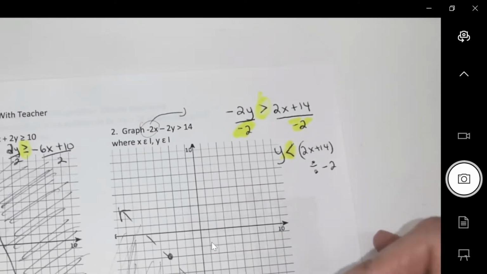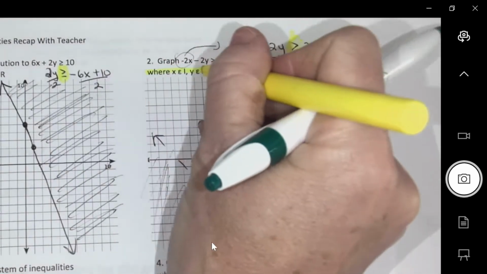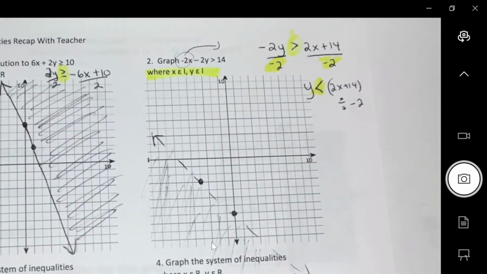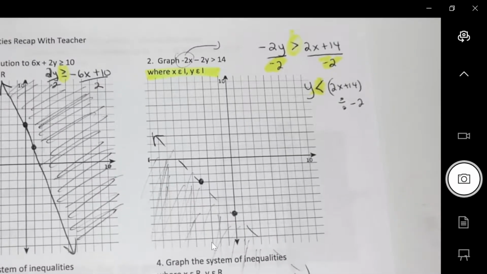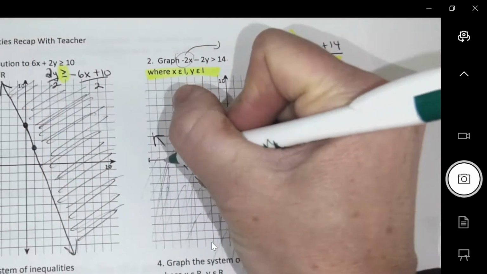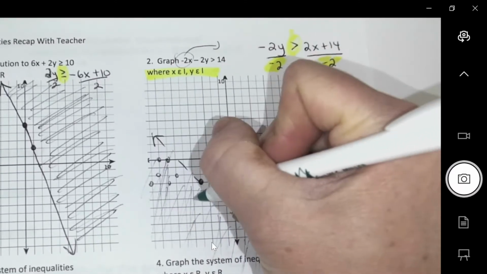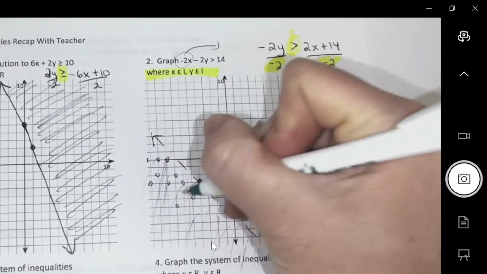But that's not the appropriate answer because there's something else going on here. It says that x and y can only be integers, so instead of the shading, I'm just going to show you that in this zone, I'm only picking the integers.